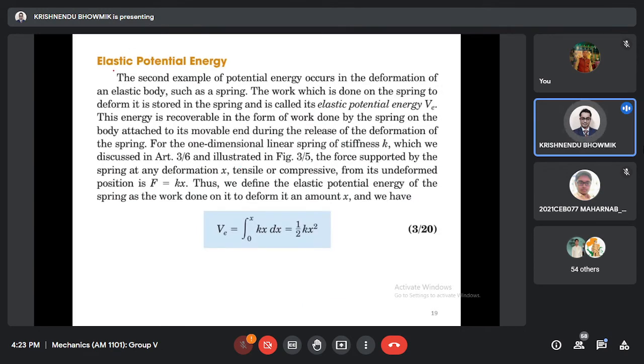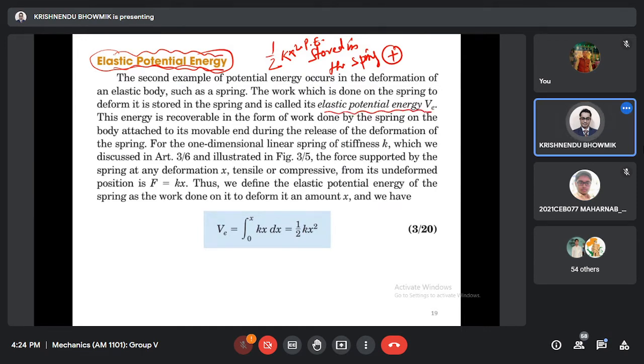Now, potential energy, as I told, can be stored, for example elastic energy for the spring, half kx square, that is stored in the spring. We write the potential energy stored in the spring as positive, and that is elastic potential energy, Ve.